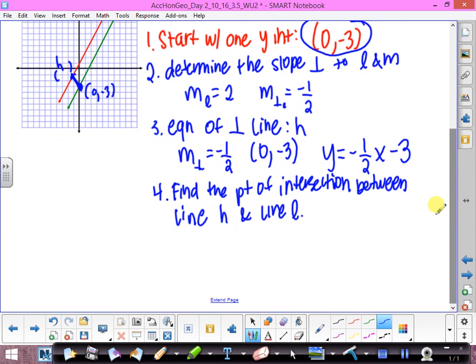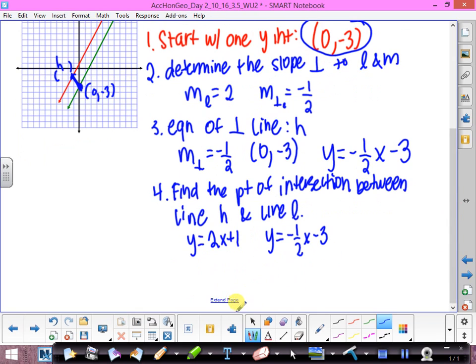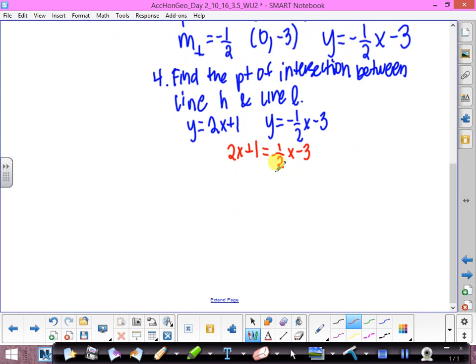So just like we did before, we have the two equations. So we know line L is y equals 2x plus 1, and line H is y equals -1/2 x minus 3. So again, they're both set equal to y, so I'm going to take the expressions that are equal to y and set them equal to each other. So I'm going to add 1/2 x.